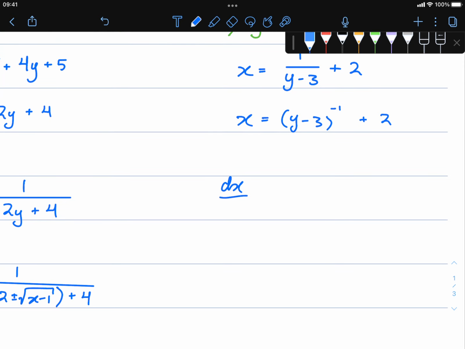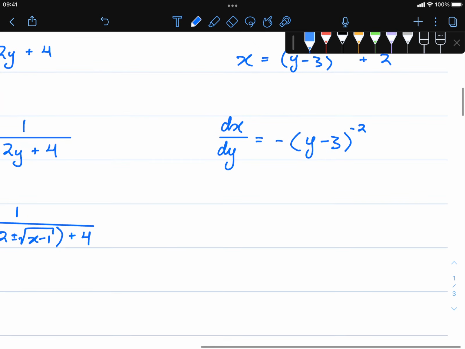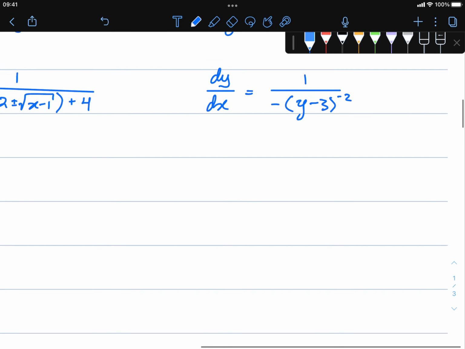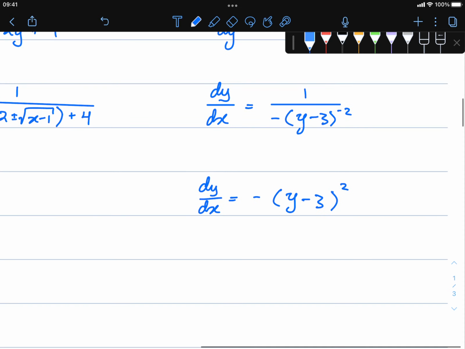And from here, dx on dy becomes negative y minus 3 to the power of negative 2, which, if we take the reciprocal of this, it becomes dy on dx equals 1 on negative y minus 3 to the power of negative 2, which actually becomes dy on dx equals negative y minus 3 to the power of 2.